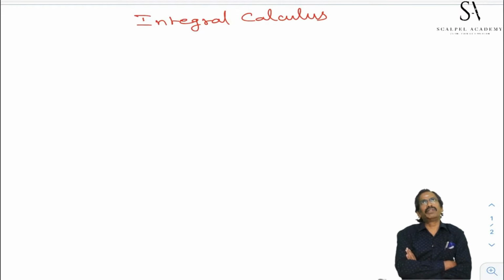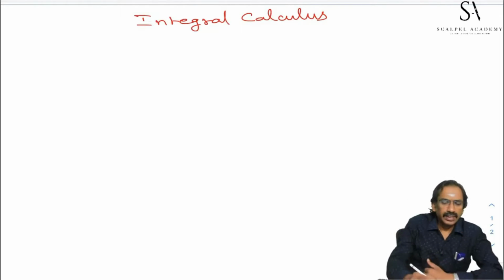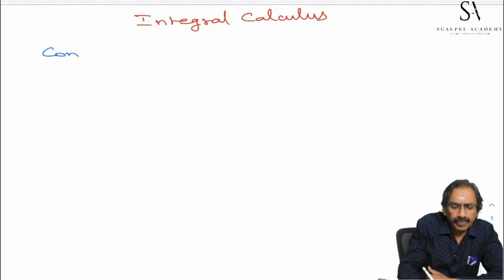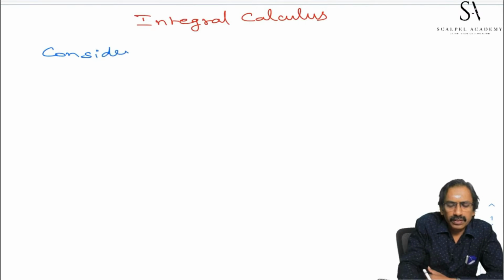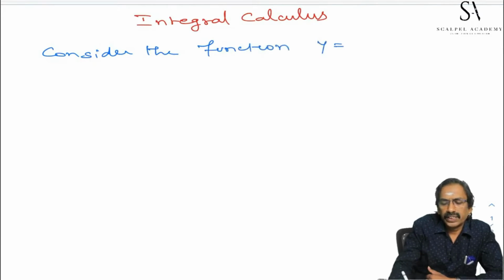I take a simple function, y is a function of x. In what way it depends on x: y is equal to x, a simple function. Consider the function y is equal to f of x, that is, y is equal to x.